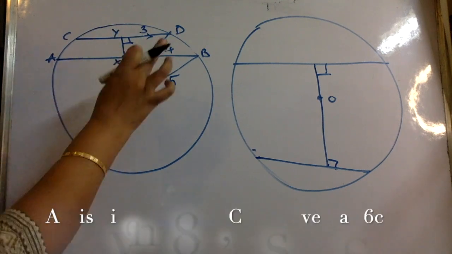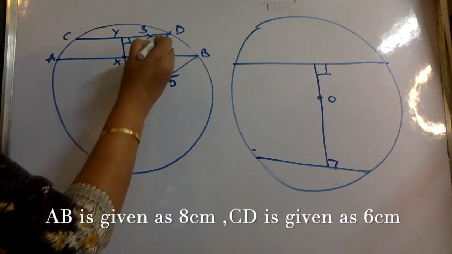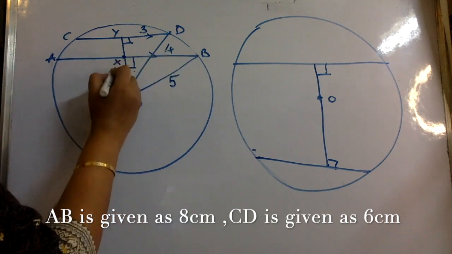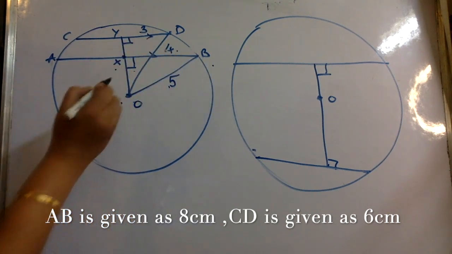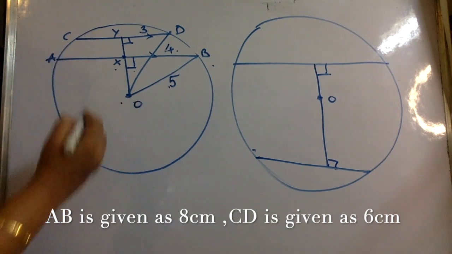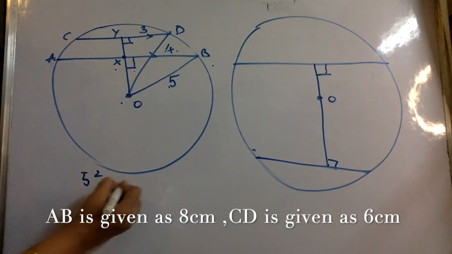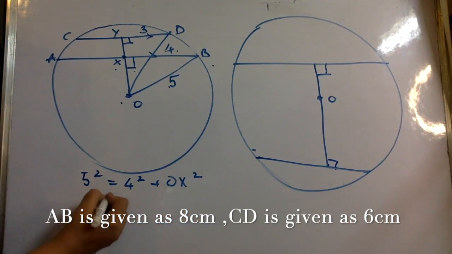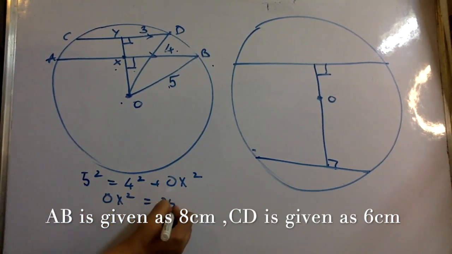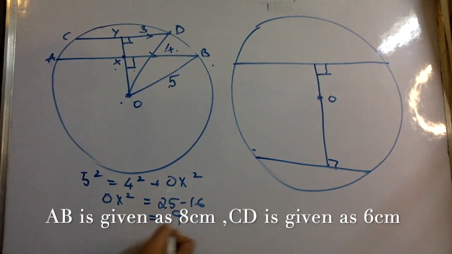Be careful when you name them. Now if I go for this triangle XBO, then this is 5, this is 4. If I apply Pythagoras, then 5 square is equal to 4 square plus OX square. OX square comes as 25 minus 16, which is 9.